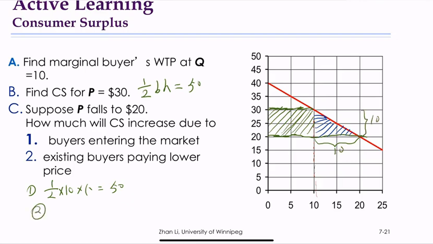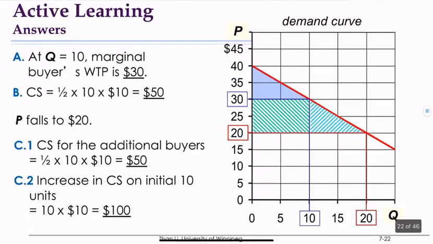And the second one is about existing buyers paying a lower price. So the area of this rectangle is given by 10 times 10, which is 100. So again, this width here is just 10. Okay, that's great.